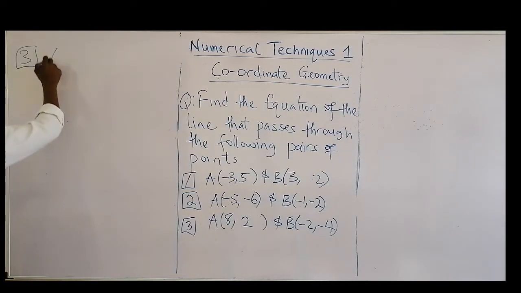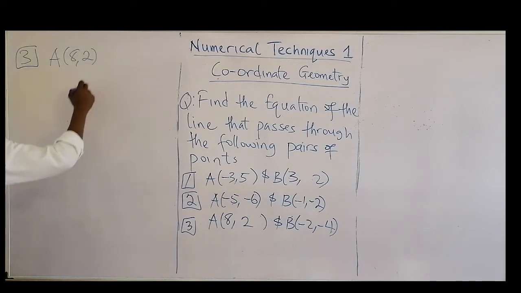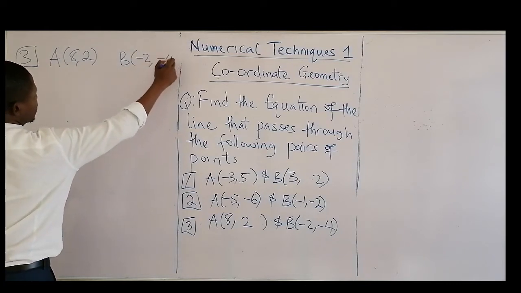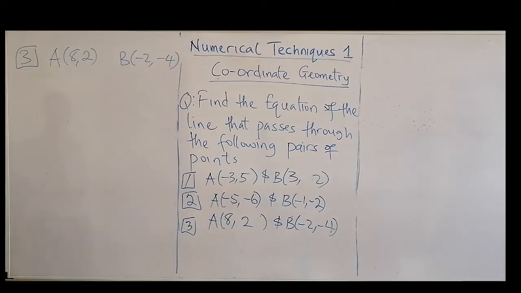We have the coordinates 8, 2, and then minus 2, minus 4. Okay? So step 1, let's get the slope or the gradient, which is change in y over change in x.